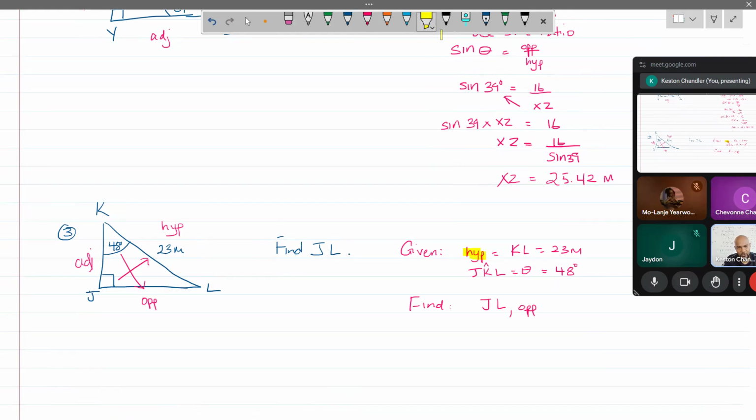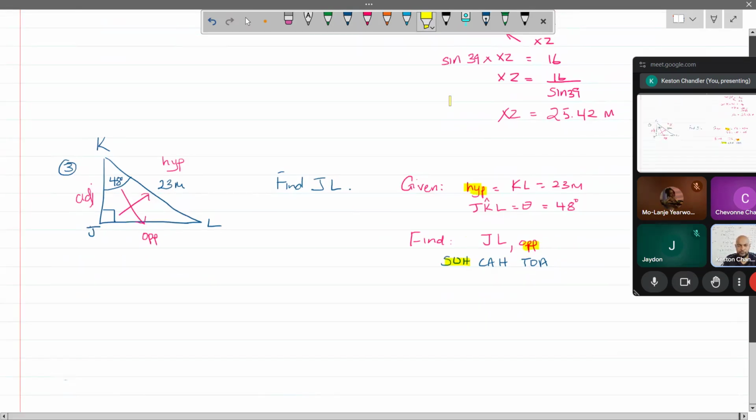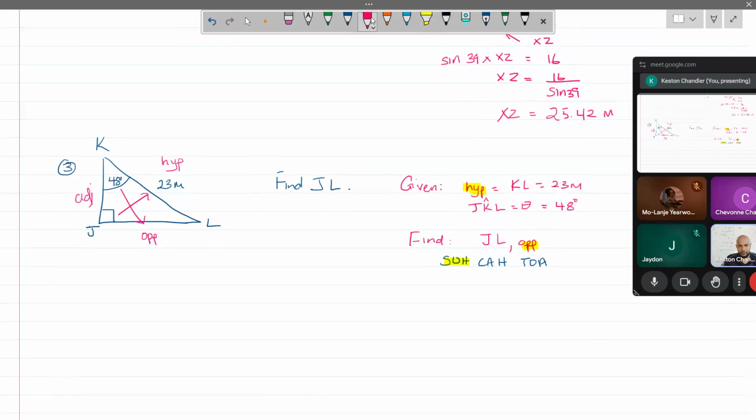What sides are involved? Hypotenuse and opposite. So if hypotenuse and opposite are involved, it means that we're using sine. Yeah? So we use the sine ratio.